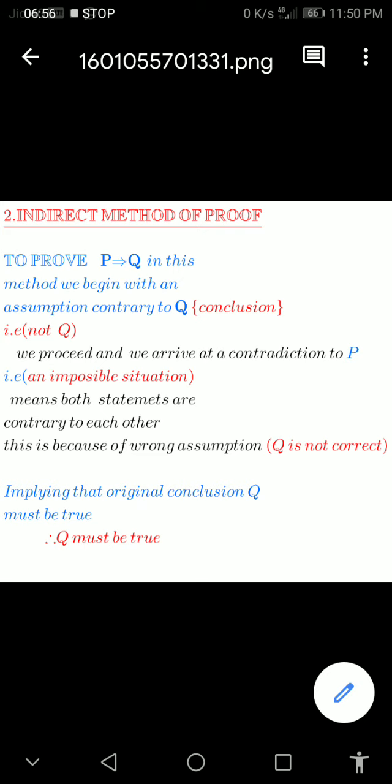We have arrived at a contradiction. That means our assumption is false. Therefore, we conclude that Q must be true.